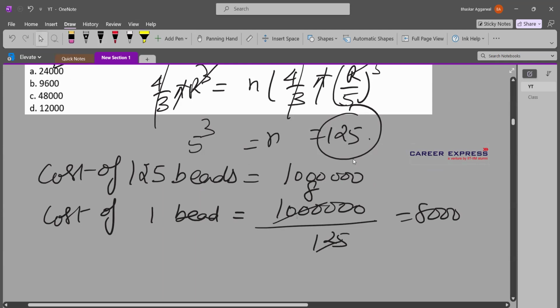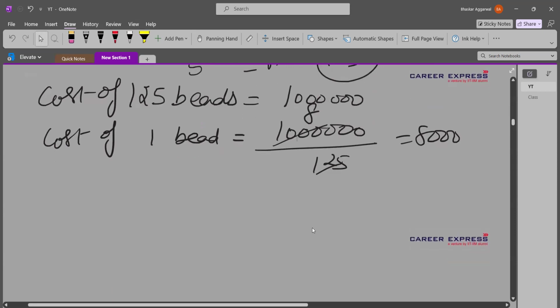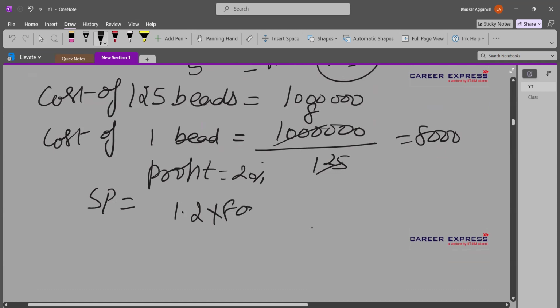So 8,000 rupees is the cost of a bead, and the goldsmith makes 20% profit. So the selling price after a profit of 20%, selling price of one bead will be 1.2 times 8,000. So that is 9,600. Because he makes 20% profit, so 1.2 is multiplied.